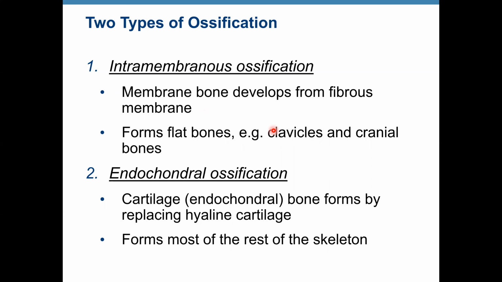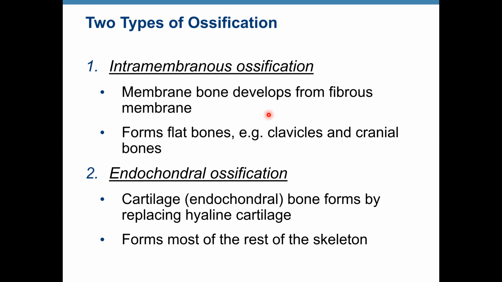And you know, when a baby is born, we say the baby has soft spots in the skull. Those are called fontanelles. It's actually this membrane that did not ossify yet.